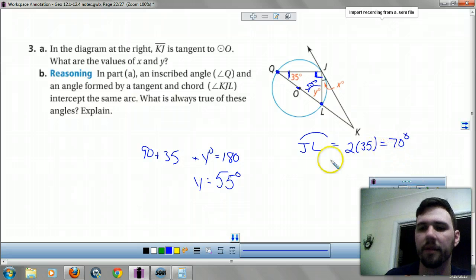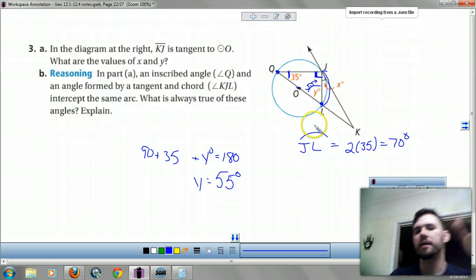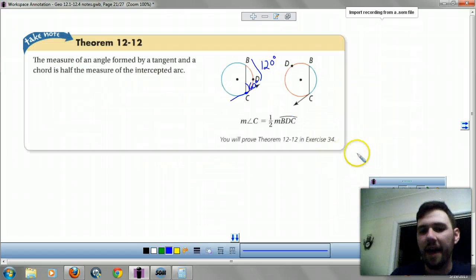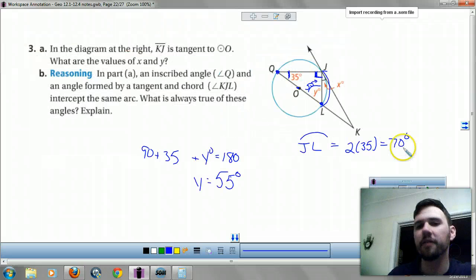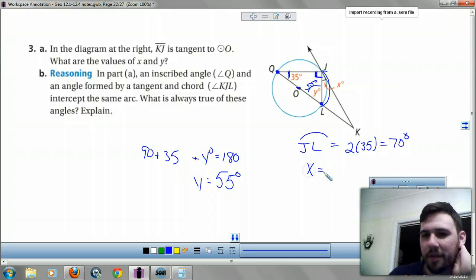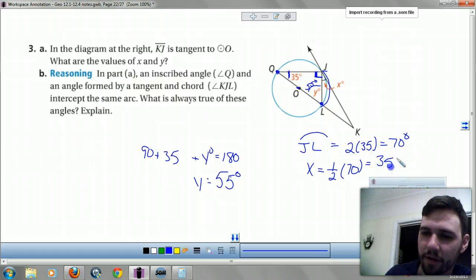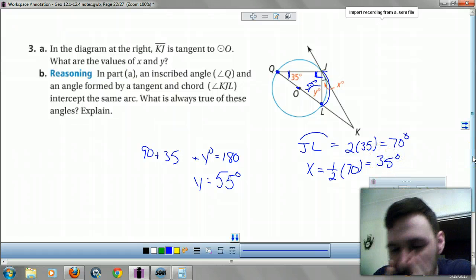So JL is 70 degrees, this arc. Now our theorem before says half our arc length is equal to our angle, so we got it. So x is going to be equal to half of 70, which is 35 degrees. X is equal to 35, your angle JQL.